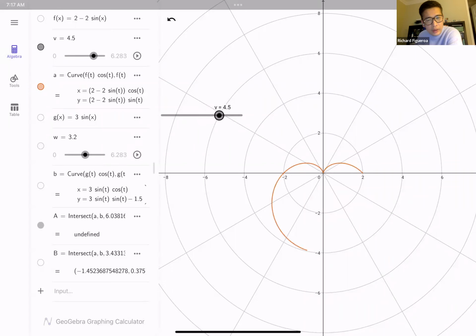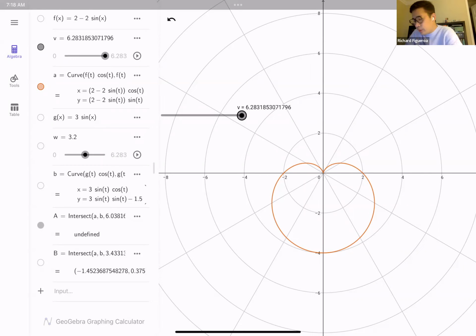Then at 270 it is maximum, since sine 270 degrees is negative 1. So that would make it 2 minus 2 times negative 1, which is 2 plus 2, making it 4. As we complete that, that is our figure, a cardioid.